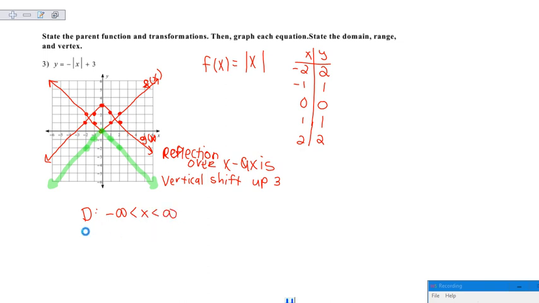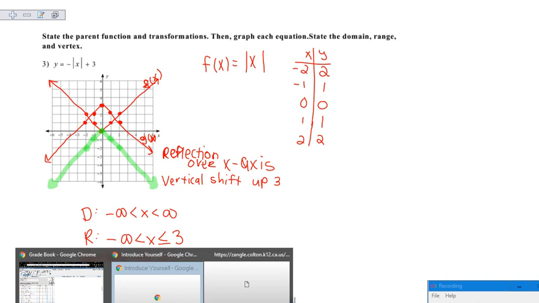The range starts down at negative infinity, and then it stops at 3, but we do reach 3, so it's included. And absolute values have a vertex as well. So my vertex, it didn't move left or right, so my x value is 0. And the y value, this highest point, is 3.